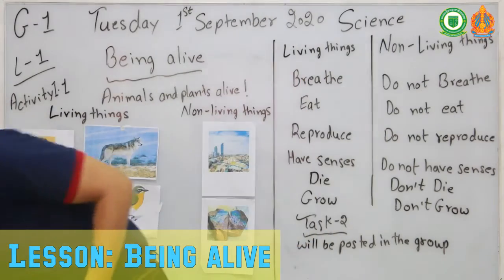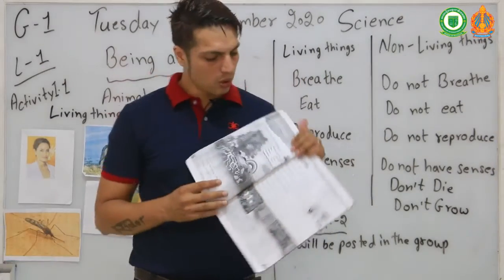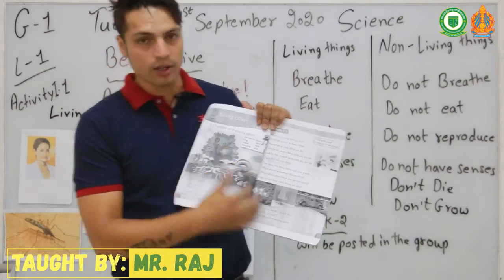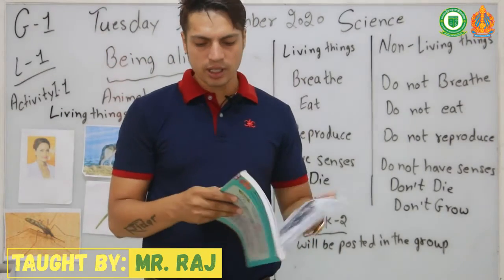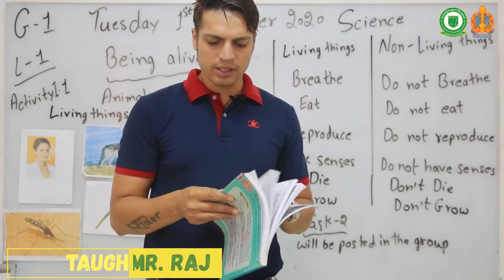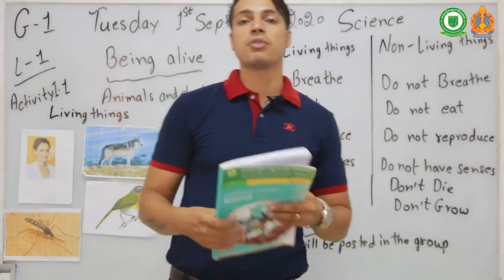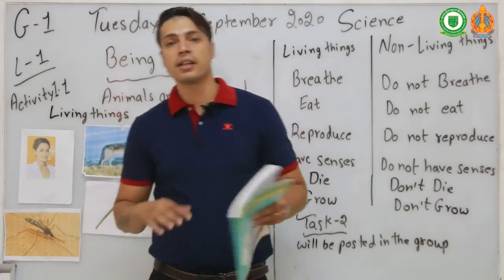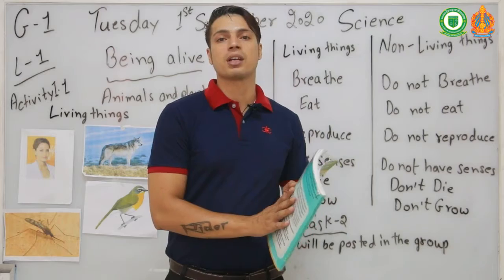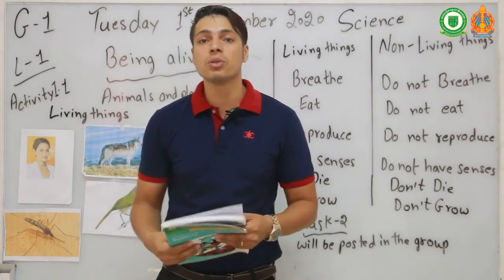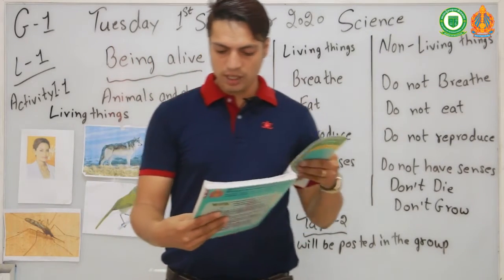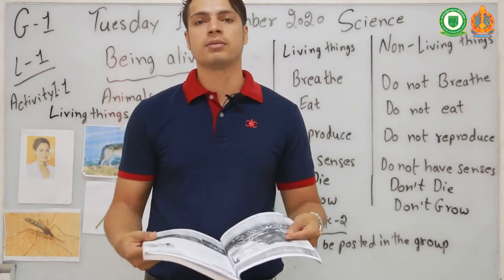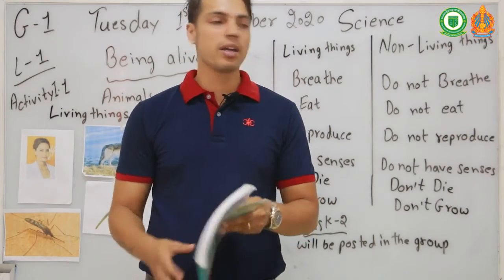You can check your book for 1.1, okay. Check your book and then tell me. If you have not done any activities in the book, let me know, so we will do that activity, or I can give you that activity as homework, okay.